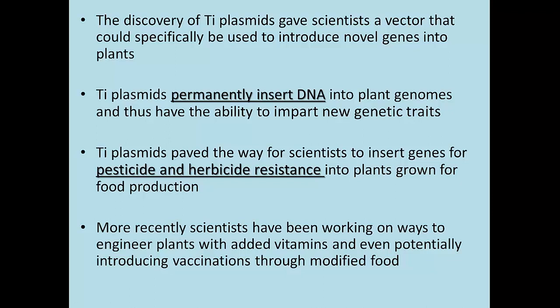And so some of the first examples of the types of GMOs they were making were plants that had built-in resistance to pesticides and herbicides. So they could actually add a gene, for example, that would make a plant resistant to an herbicide, which would be like a weed killer.